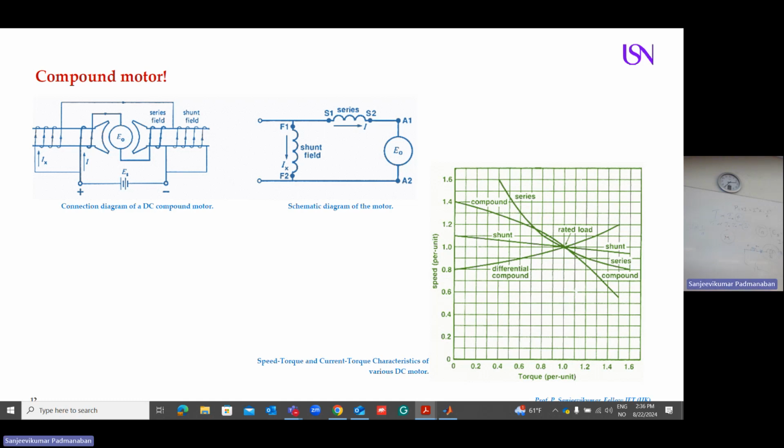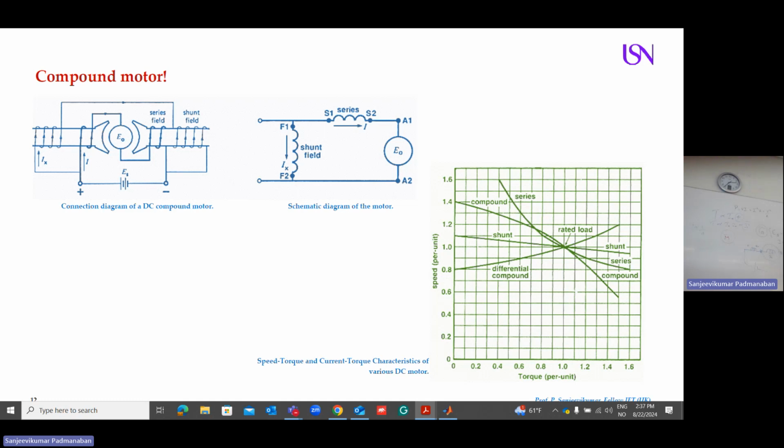In an application where I want at the start high speed, and as the load increases, speed should come down, then I go for a compound motor because at 0 load, I have 140% speed. As the load increases, it comes down. So it depends on your application requirement. You can choose shunt motor, series motor, compound motor, or differential motor.